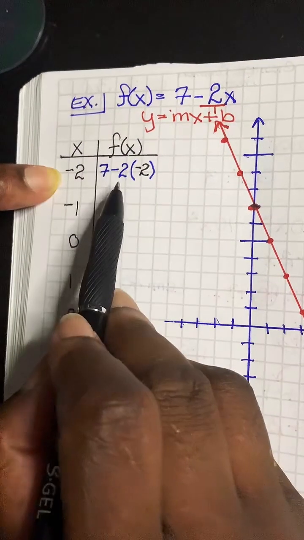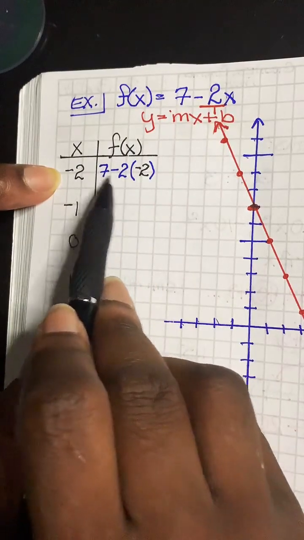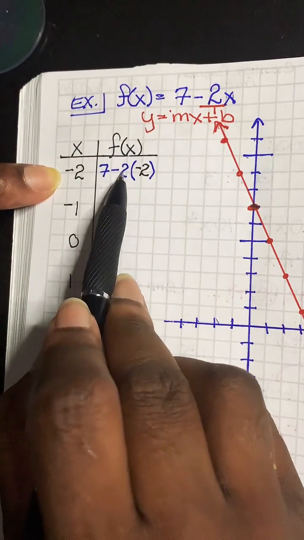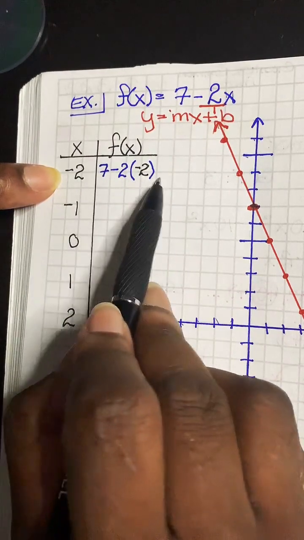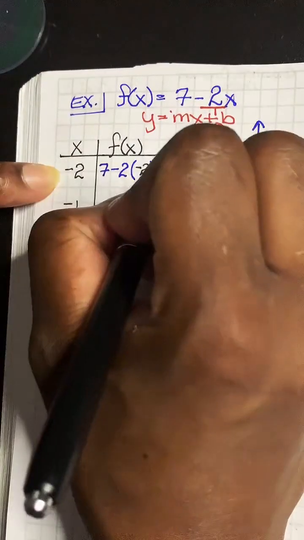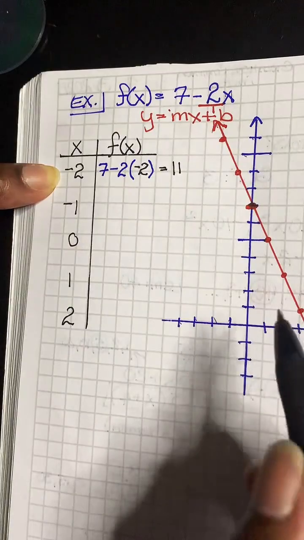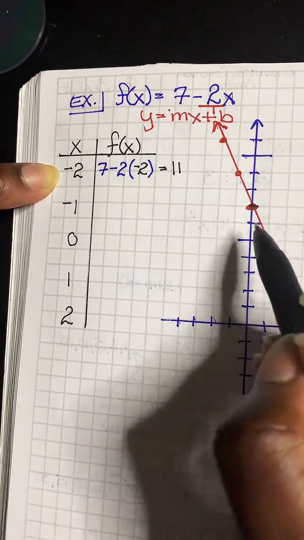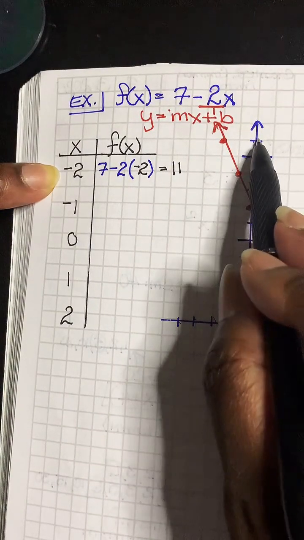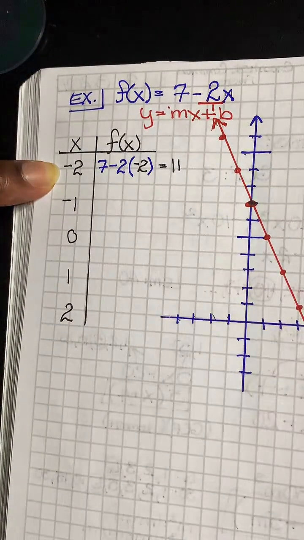Remember, multiplication comes before addition or subtraction. -2 times -2 gives me a positive 4. And then 7 plus 4 gives me 11. So this is where my -2 to 11 is.